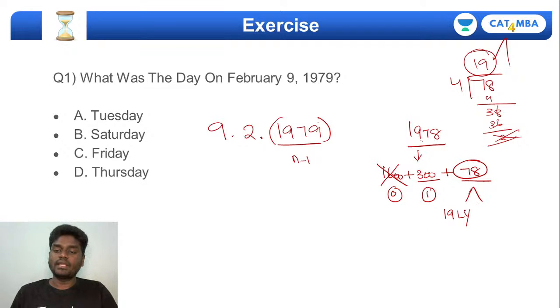And the rest of how many? It's going to be 59, if I'm not wrong, right? So 59 normal years. Again, if you do 19 into 2, you'll get 38 plus 59. How many days do you have?